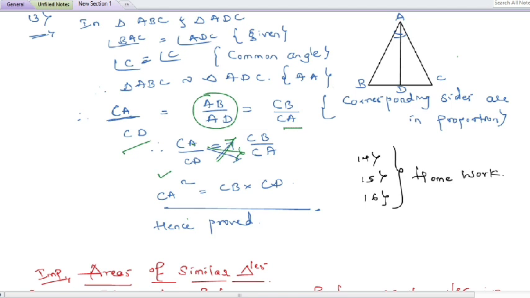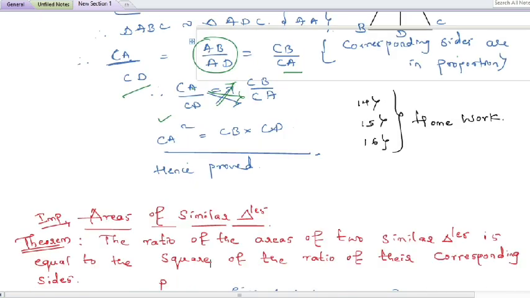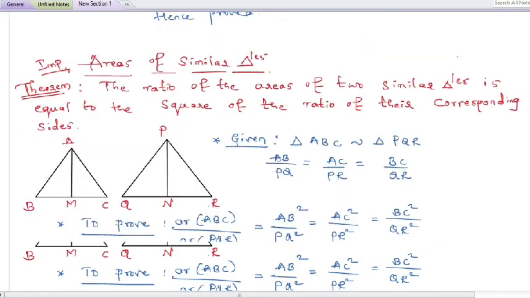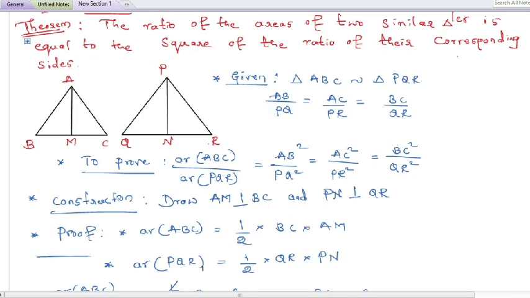Now, another most important theorem is areas of similar triangles. On the basis of areas of similar triangles, there is an important theorem which is a very easy theorem and also an important theorem.